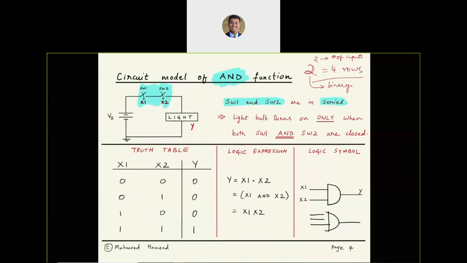So we are going to have four rows, 0, 0, four different possible combinations of the states of x1 and x2. The distinguishing entry is only when the switches are both closed, this and this, only then is the output 1, which means the light can turn on.